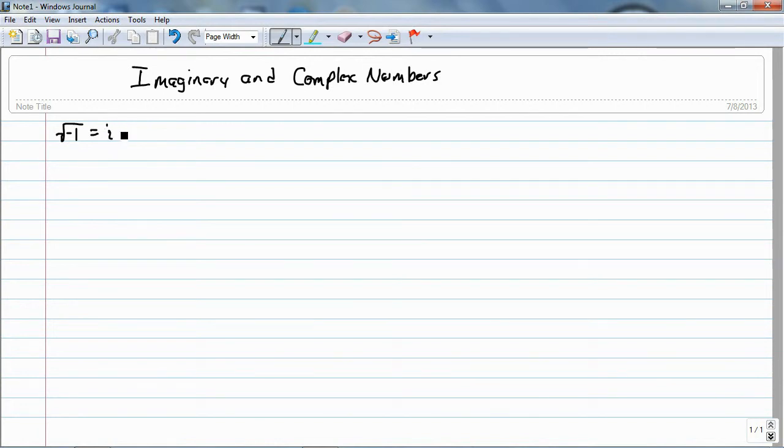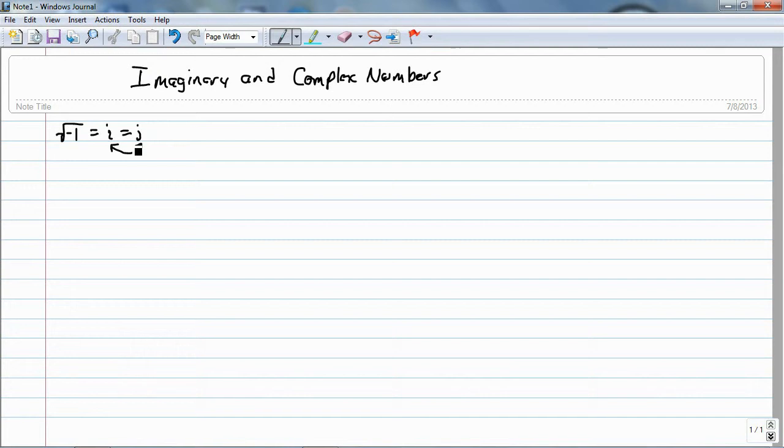So we use the letter J, which is interesting because J is also used in electrical engineering, but I guess because it's not used as much, although we will be using J to define something else this semester, either one of these is acceptable. You can use I or you can use J.